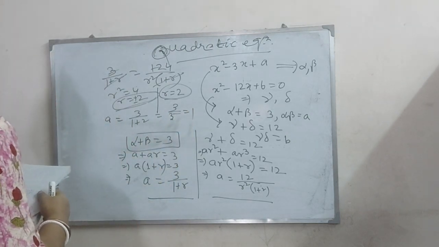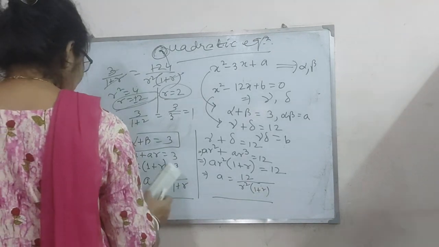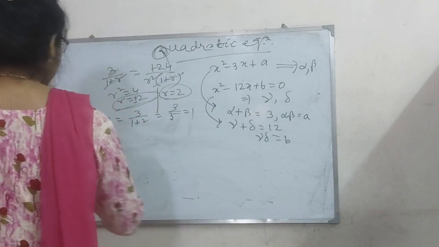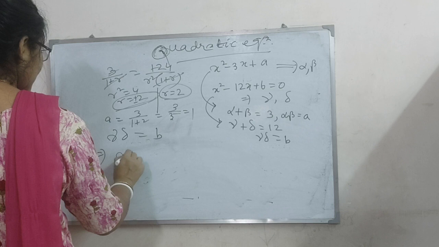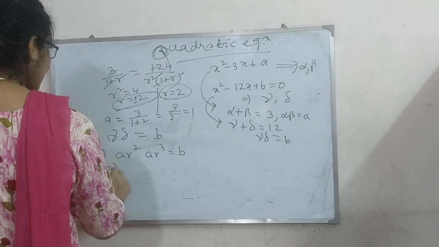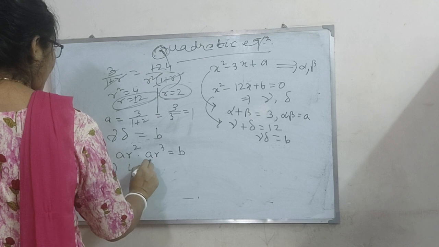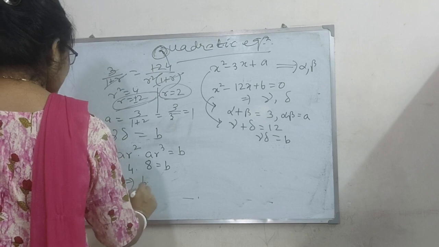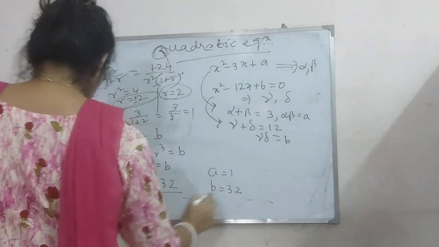Now gamma delta equal to b, where gamma equal to a r square and delta equal to a r cube. With a equal to 1 and r equal to 2, gamma is 4 and delta is 8. So b equal to 32. So a equal to 1 and b equal to 32.